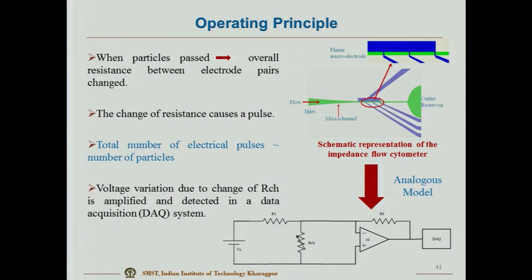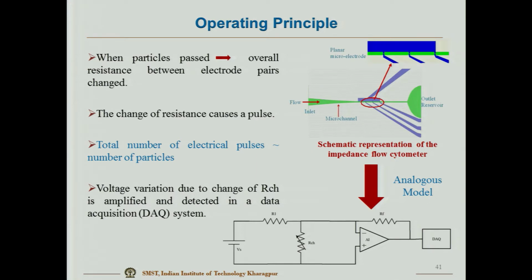Now, what we do here: you can remember that in the dielectrophoretic microfluidic channel, from the inlet the particles will flow through this electrode, and on giving the electric field, based on the dielectric properties of the media and the cell, and the frequency of the electric field, they will be separated out.